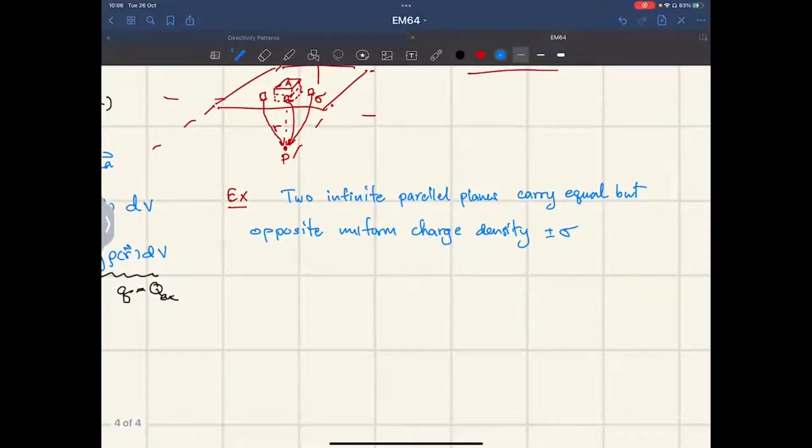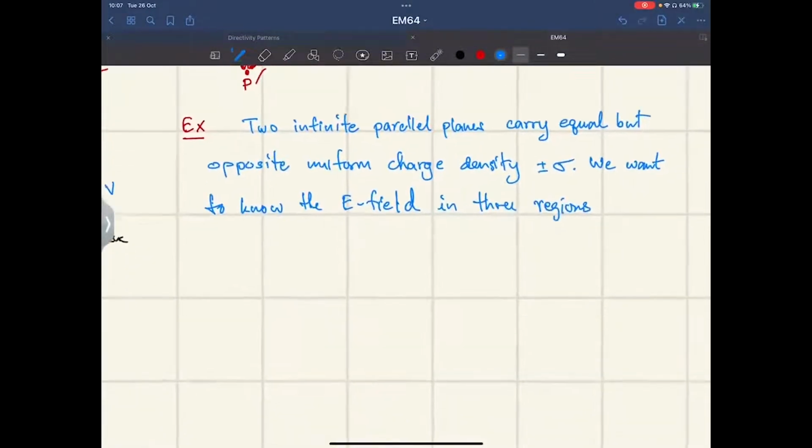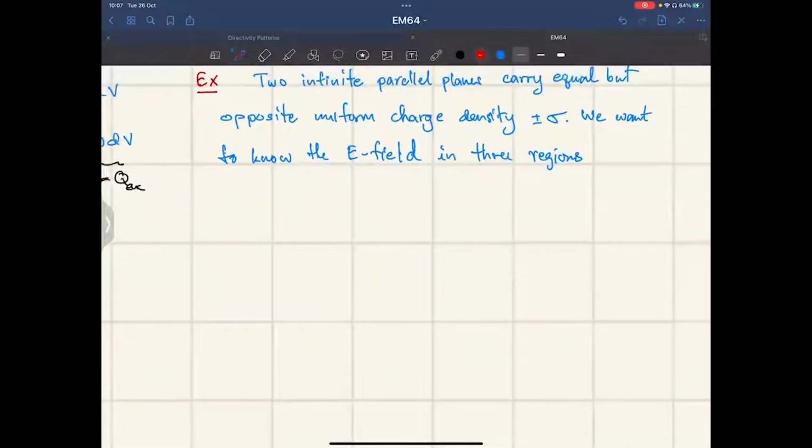What do we want to know here? We want to know the electric field in 3 regions. Let me draw a picture so you can see it better.